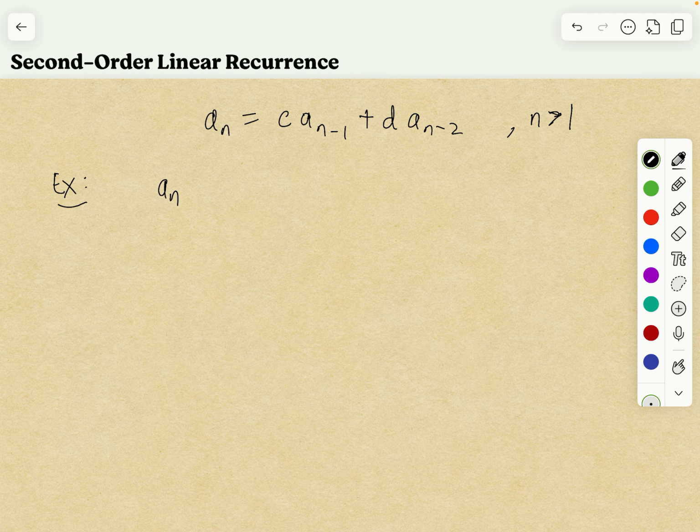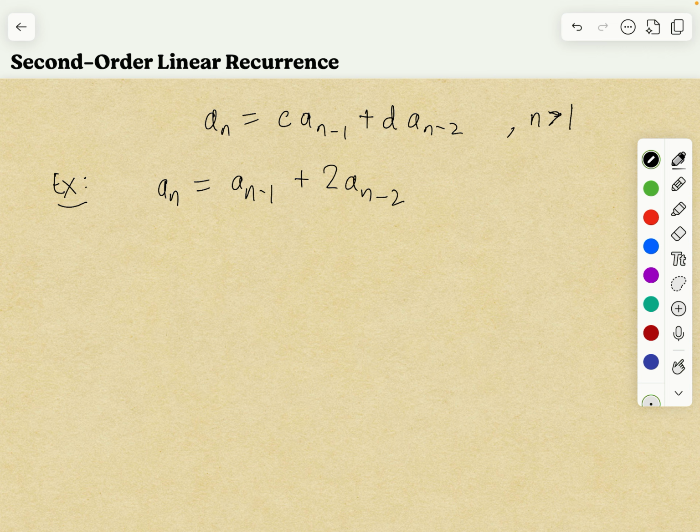Suppose that a_n equals a_{n-1} plus 2 times a_{n-2}, and we want to solve this. We haven't specified any initial conditions, so we're going to get an infinite number of solutions.